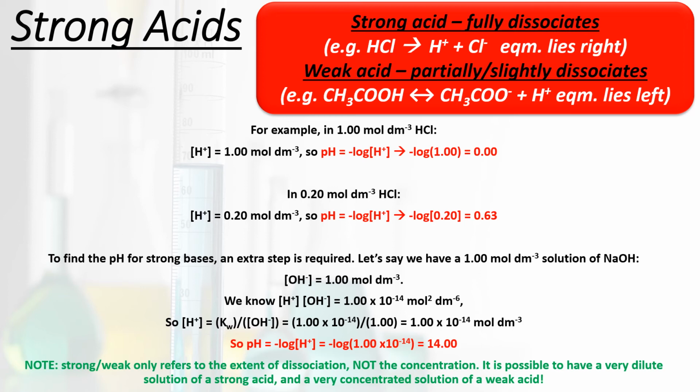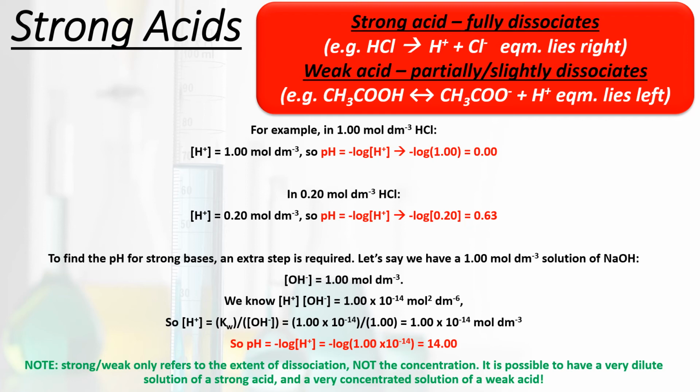And we're going to use the fact that, again, we know that Kw at 298 Kelvin is equal to H plus times OH minus and is equal to 1 times 10 to the minus 14. So again, we rearrange that expression to give us our H plus concentration, plug in the numbers, and we find that it's 1 times 10 to the minus 14 in this case. Now we have an H plus concentration, we can work out the pH. So we simply use the pH formula minus log of H plus, and we get that our pH for this is 14.00.